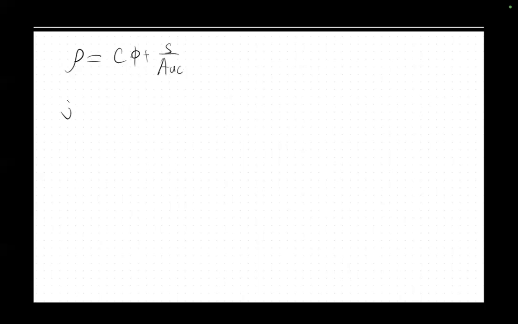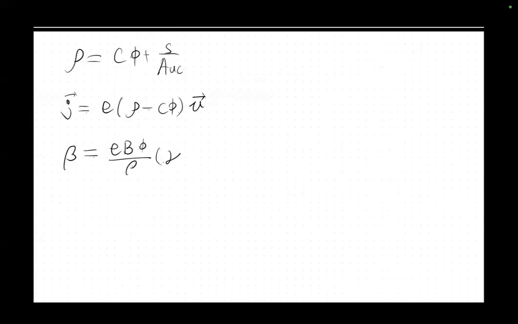And we found that the current is given by E rho minus C phi V. We saw how that can be used to constrain the Berry phase term, which is e to the i beta, with beta equal to EB phi over rho, nu minus C. And finally, by doing the anomaly matching procedure, we actually realized that this was almost preordained, in the sense that the matching already gave us that this condition must be satisfied.